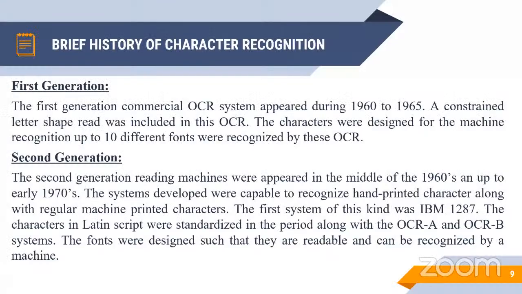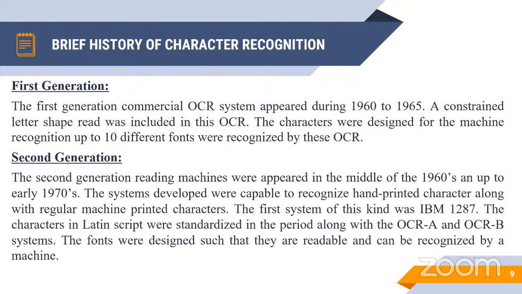So when OCR came into the market, there were many generations. In the first generation, the OCR appeared during 1960 to 1965, five years, and only 10 different fonts were recognized by this OCR.